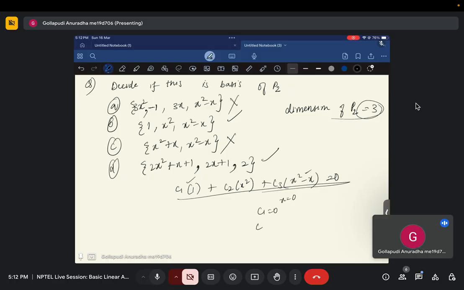So C2 also will become equal to 0. So now these two are 0, C1 and C2. So this has to be 0 means C3 also has to be 0, right? So this will be independent. So like that you can check, okay?